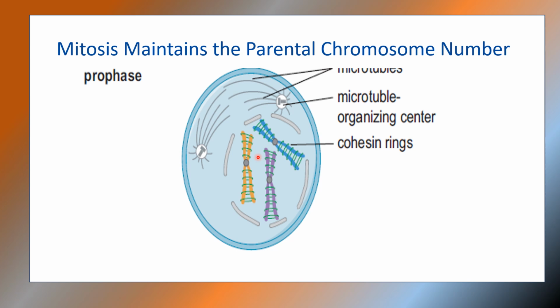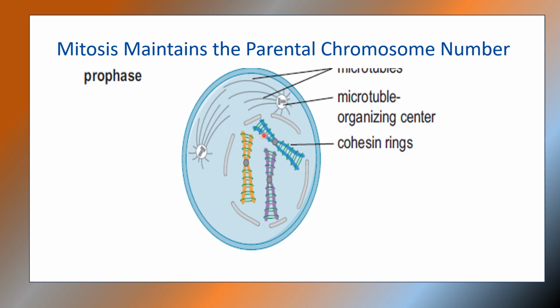There are two proteins, cohesin and condensin. Condensin helps the genetic material to condense, and cohesin helps the sister chromatids to stay attached to each other. This same cohesin needs to be dissolved in order for the two sister chromatids to separate and move into their respective daughter cells. So that was about the prophase.